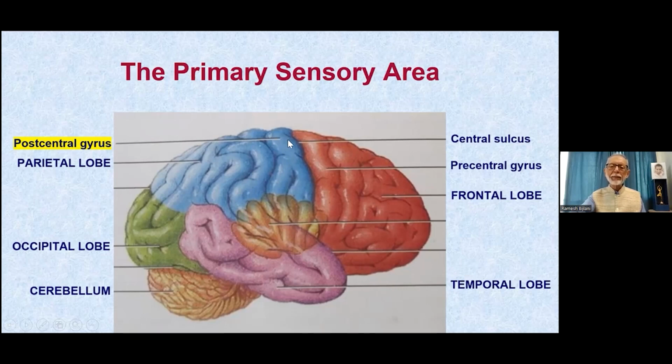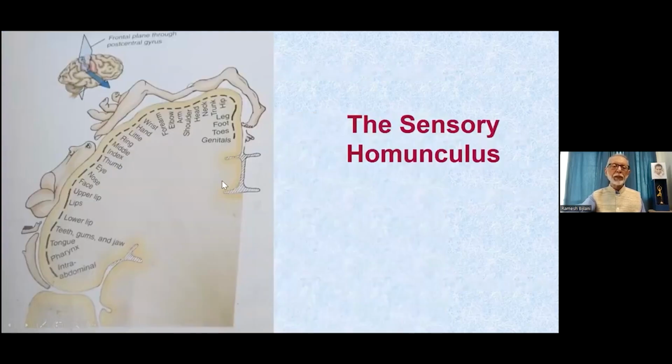And in this sensory area, there's a representation of the body, which is upside down. That is, the head and the hands down and the feet on top. And this is what shows you that upside down representation. Find that the lips are here.